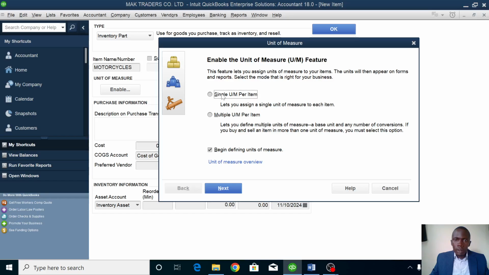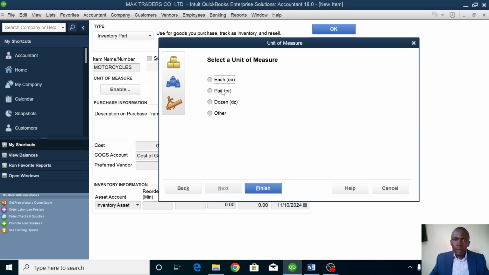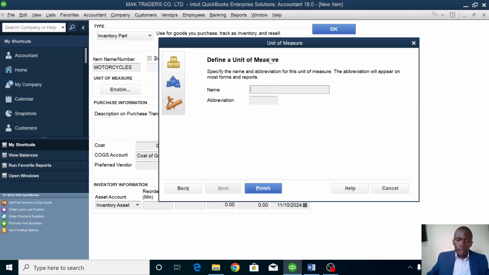We enable the unit of measure. Say next. It is rounded under each. We don't have it, so we go to other. Next, we create it. It is unit. Can call it U. Then we finish.